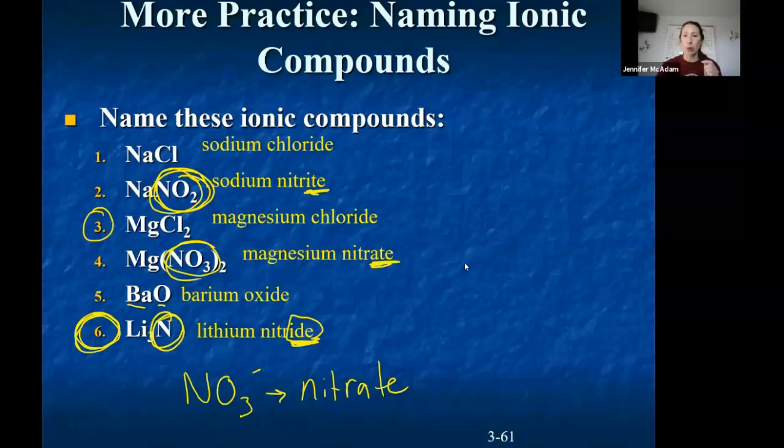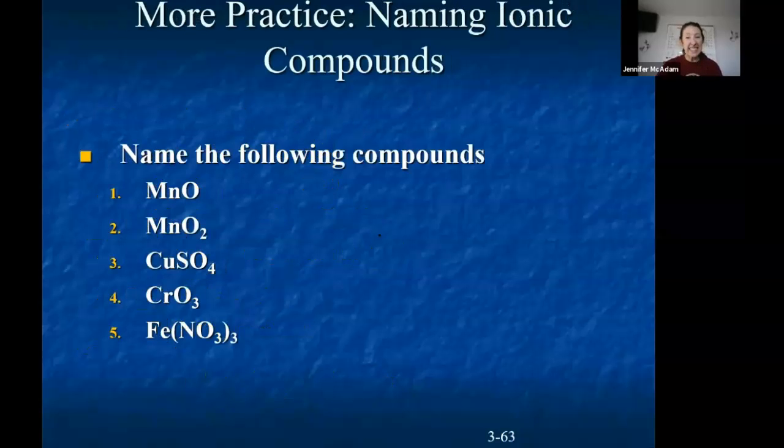It's the endings that are really important, like sulfide, sulfate. When you see IDE, IDE means one element from the periodic table. If it is not IDE, you are looking at a polyatomic ion. So those are easy things to make mistakes on. Okay.